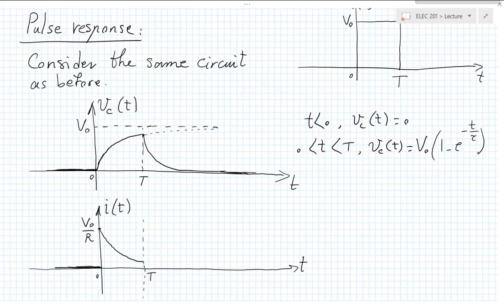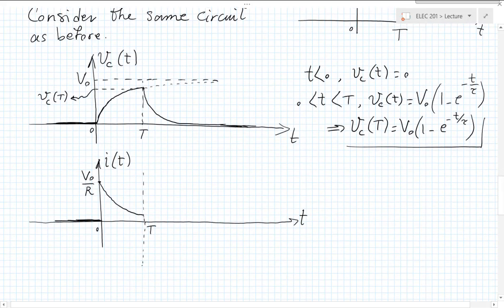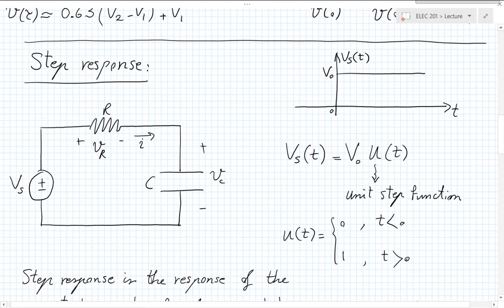So at that specific point, its value is simply this. That's Vc at time T. Well, if you have Vc at time T, all you have to do is write a KVL with the input being 0.